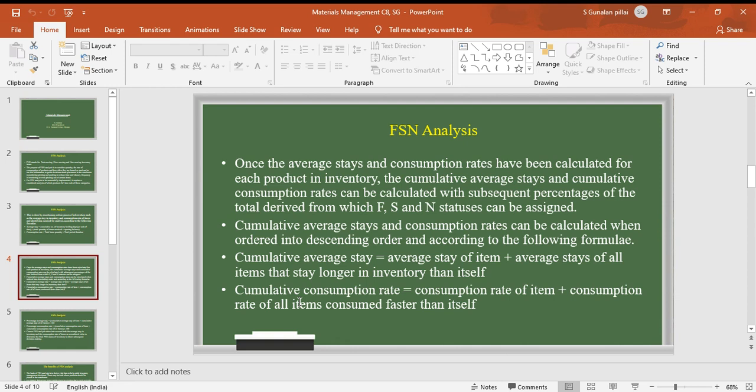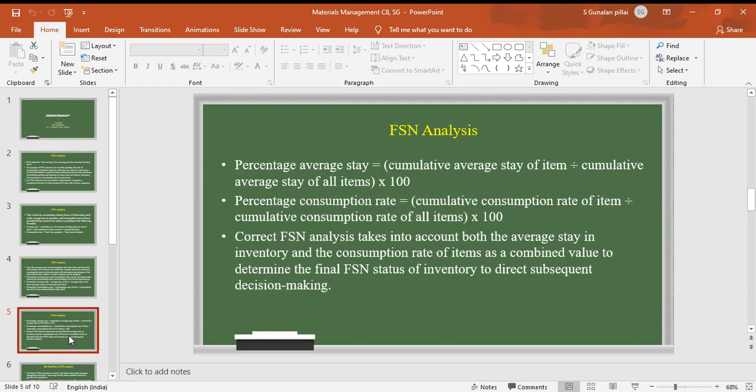That is why they have mentioned it here. So these two factors, average stay and consumption rate, and cumulative average stay and cumulative consumption rate will help us identify the fast moving, slow moving, non moving analysis and segregate these products into groups.